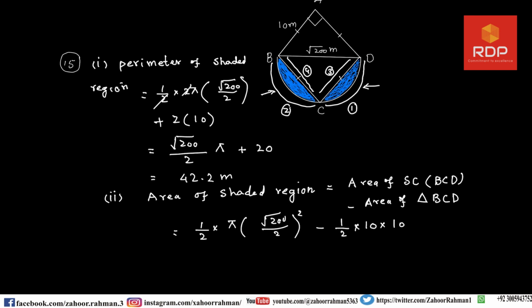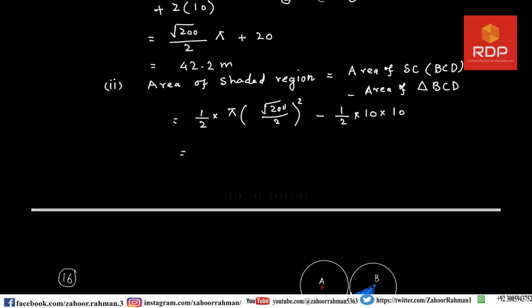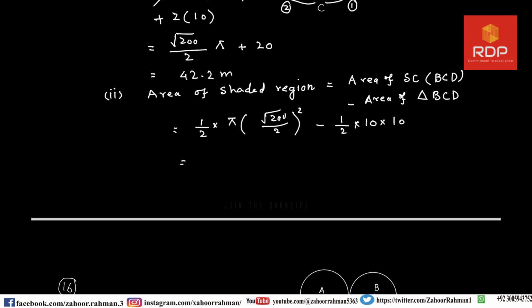Now it's the matter of simple calculation, and we will get the 25 pi, because this area will give us 25.